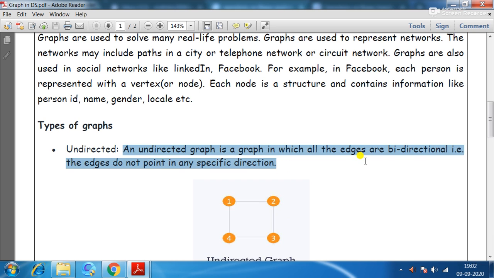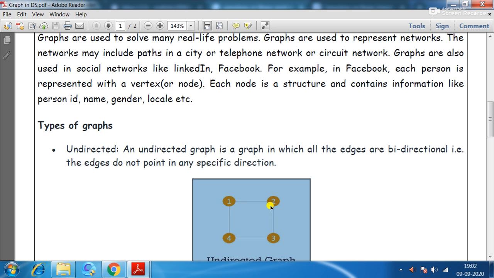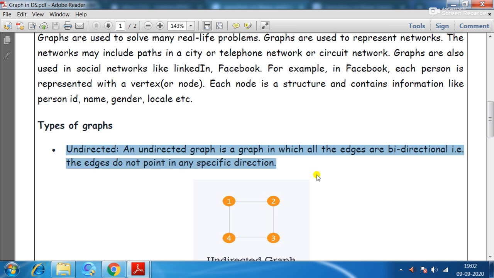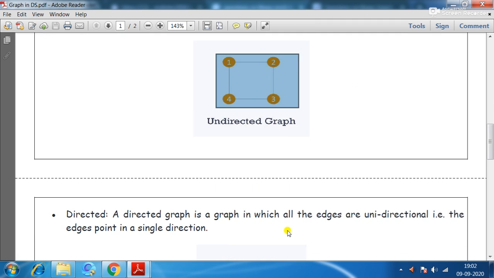An undirected graph is a graph in which all the edges are bidirectional, that is, the edges do not point in any specific direction. Like 1 2, 2 1, 1 4, 4 1, 4 3, 3 4, 2 3 or 3 2. So these are bidirectional edges and there is no direction between the edges. That particular graph is called an undirected graph.